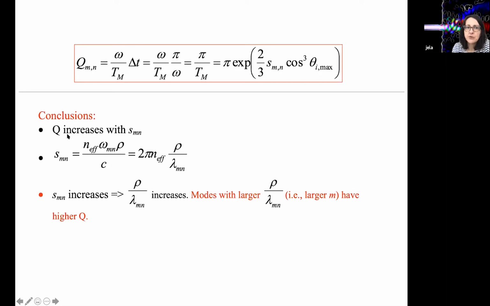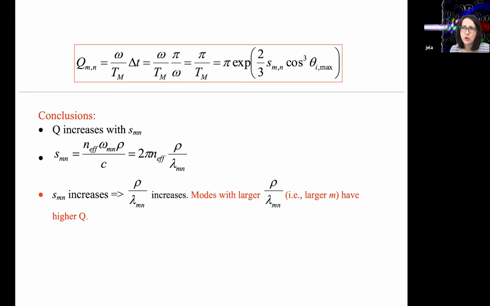If you go back to the relation between the zero of the Bessel function and the wavelength of the mode, this is the expression that we derived previously from the boundary conditions. And we found that the ratio between the radius of the disk and the wavelength of the mode, lambda_MN, so this is the free space wavelength, would be related to the zero of the Bessel function using this particular expression here. So as you go to larger S_MN, that means that the ratio between the radius and the wavelength of the mode would increase also.